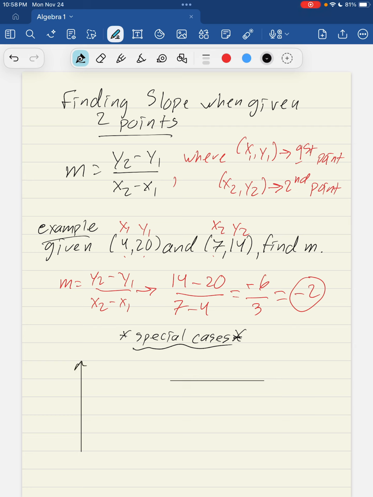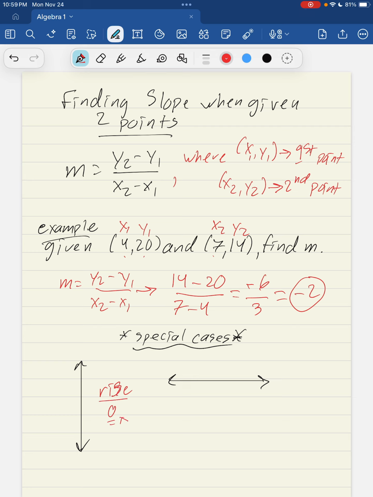Anyway, straight up and down lines and horizontal lines are different. Now, does this line right here have rise? Yes, it goes up and down, but does it have any run? If it was straight up and down, it wouldn't have any run. So if we were to write it using the slope information, remember slope is rise over run, this has some rise, but it doesn't have any run.